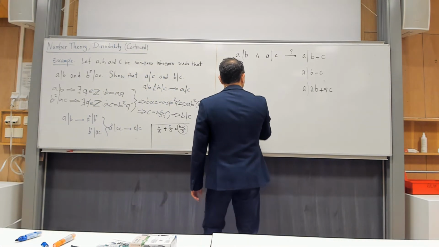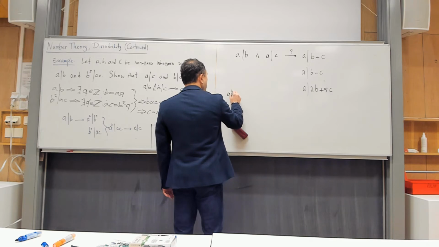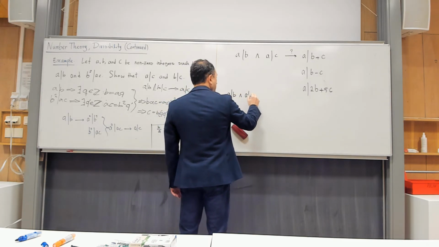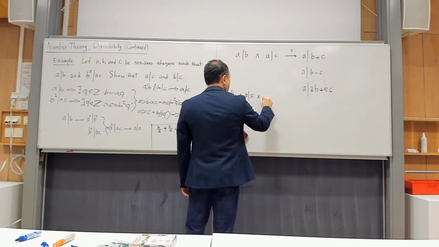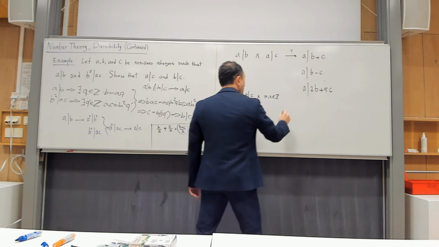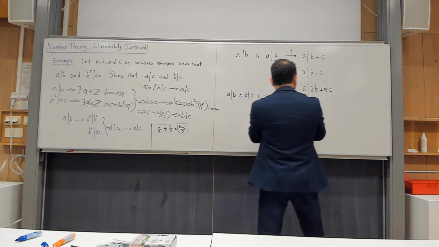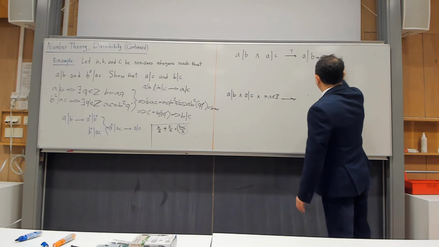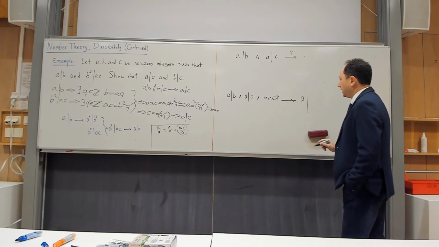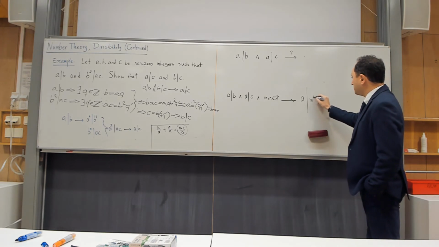So I would say that if a divides b and a also divides c, and m and n are integers, you can conclude that a also divides m times b plus n times c.